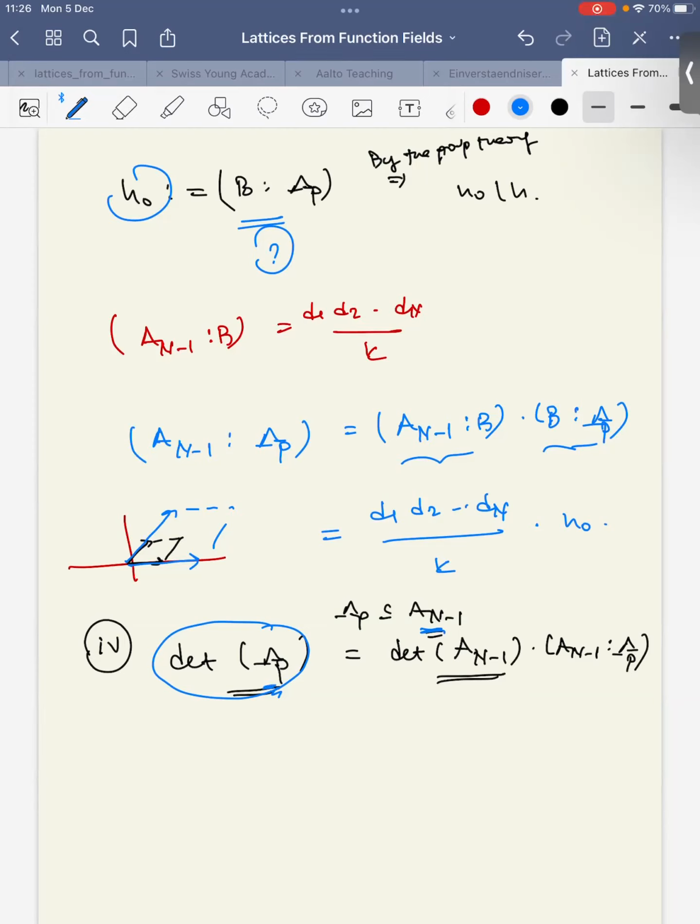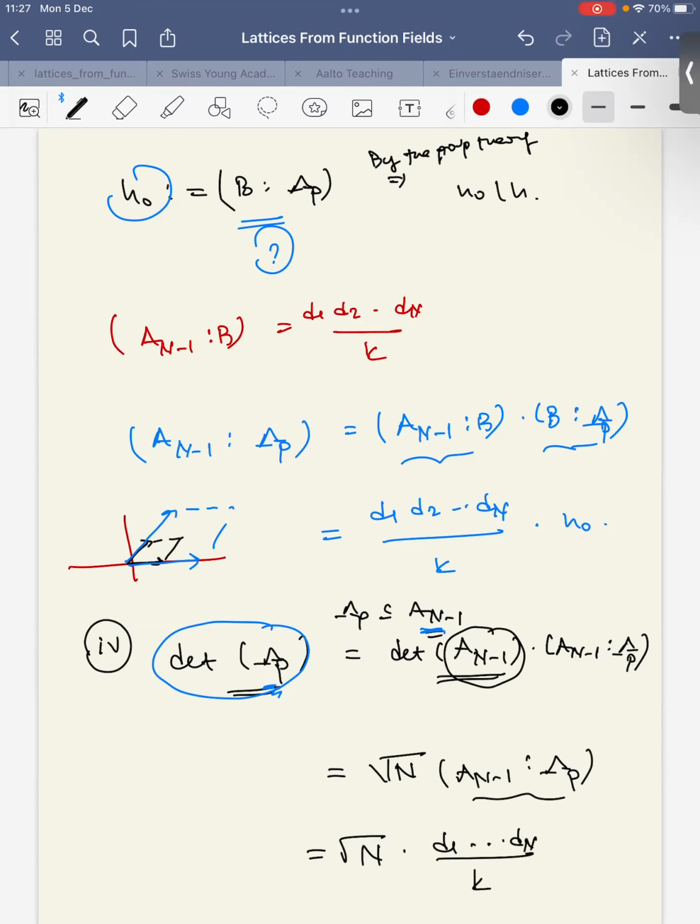This holds for the function field lattice inside An minus 1. By the example of An minus 1, we computed its determinant as the square root of n. And by item 2, we know this index is equal to the product of the degrees of the places over K times H0. So this is why the determinant of the function field lattice can be represented like this.